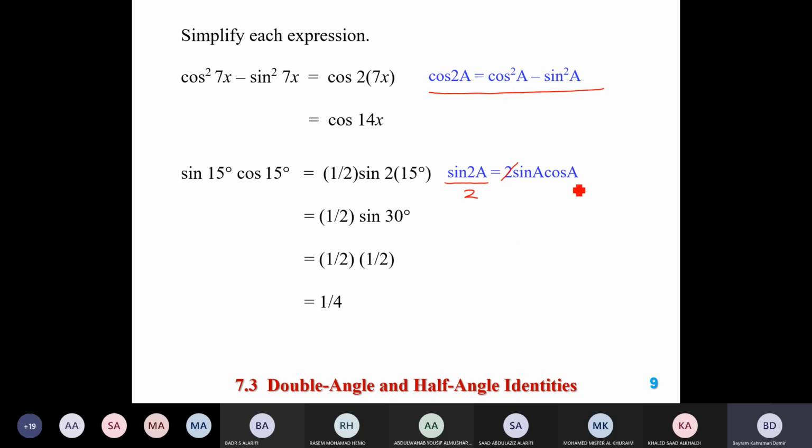Sine A cosine A is equal to 1 over 2 times sine 2A. Yani 2A means 30, right, Shabab? So 1 over 2 times sine 30, yani 1 over 2 times 1 over 2 is 1 over 4.